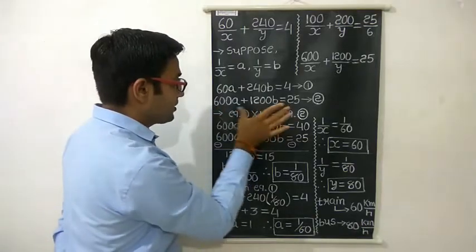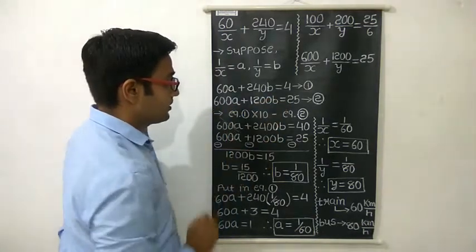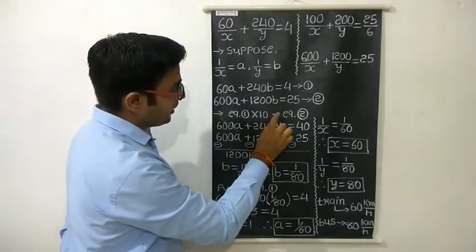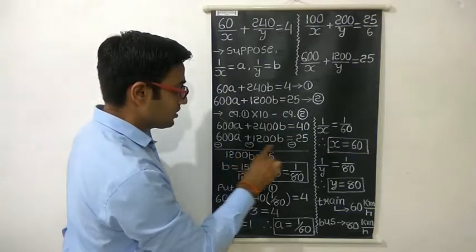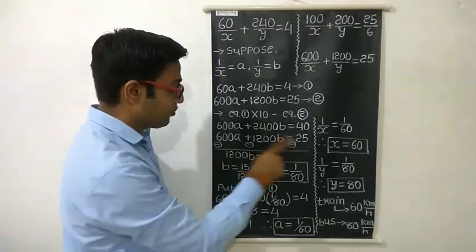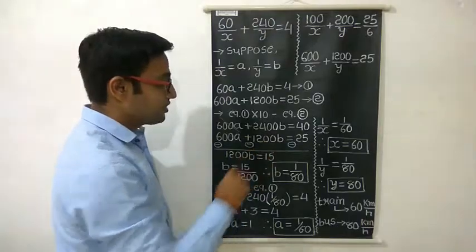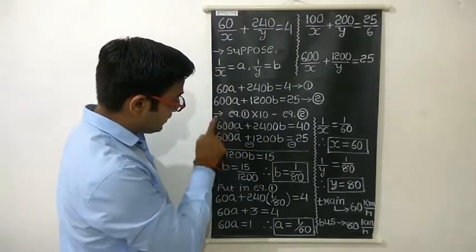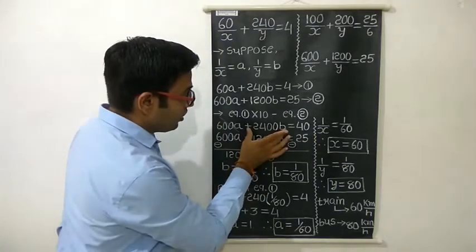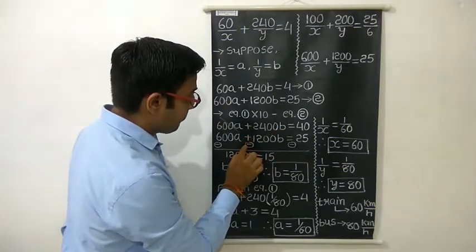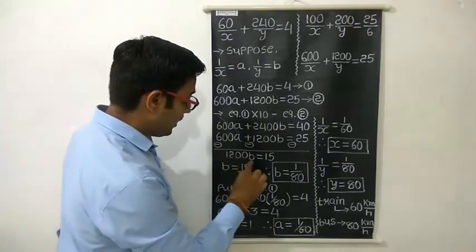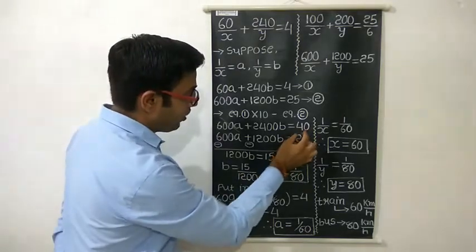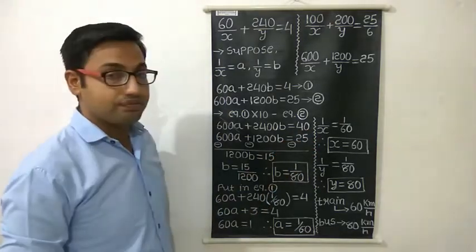And the second equation remains as it is. But as we are subtracting it, we have to change the sign of all the terms because all are positive. So now all terms become negative. So the 600a plus and 600a minus will cancel out each other. 2400b minus 1200b is 1200b and 40 minus 25 is 15, right?